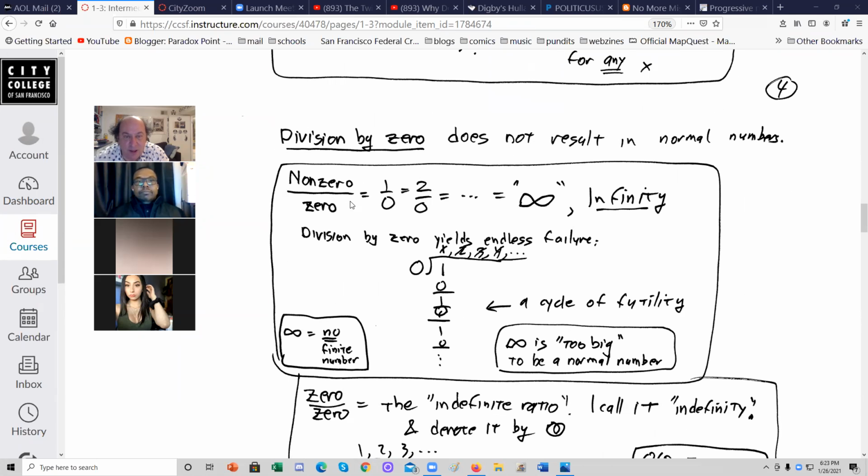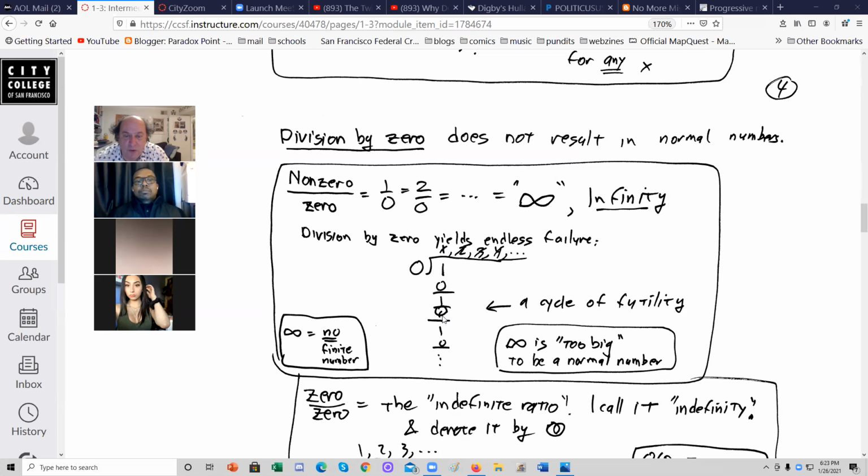Non-zero divided by 0, let's say 1 over 0, or 2 over 0, or 3 over 0, what have you. This has a special name. It's called infinity. It's denoted by the sideways 8, aka a lemniscate, meaning bean. And if you actually try and divide 1 by 0 in a long division, okay, 0 divided into 1, we take away 1 0 from 1, it still remains a 1.